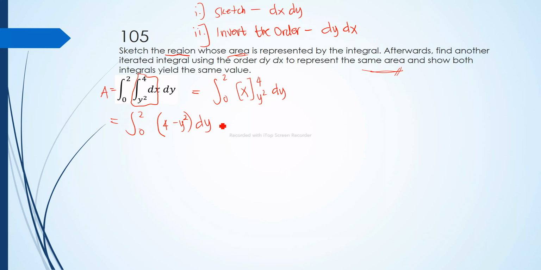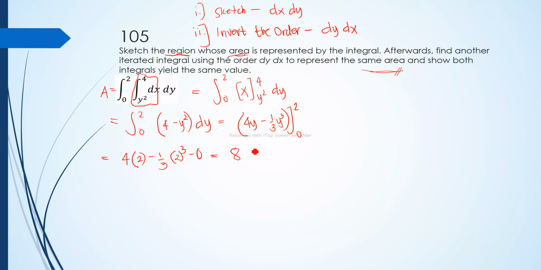Now to further integrate this, it becomes 4y minus 1/3 y cubed, evaluated from 0 to 2. So we have 4 times 2 minus 1/3 times 2 cubed minus 0.